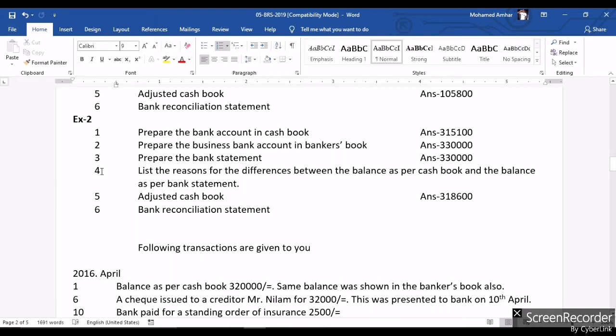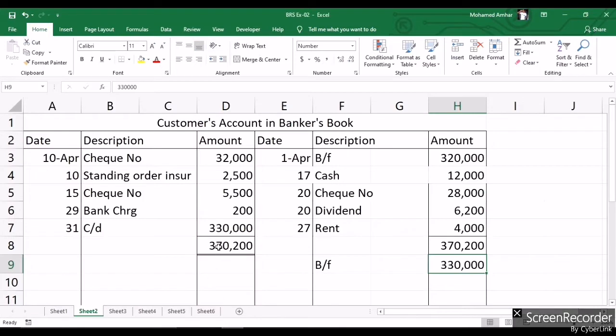So question number 3 should be this. The fourth question should be this: prepare the bank statement. So we have to list out the reasons for not balancing these two balances.